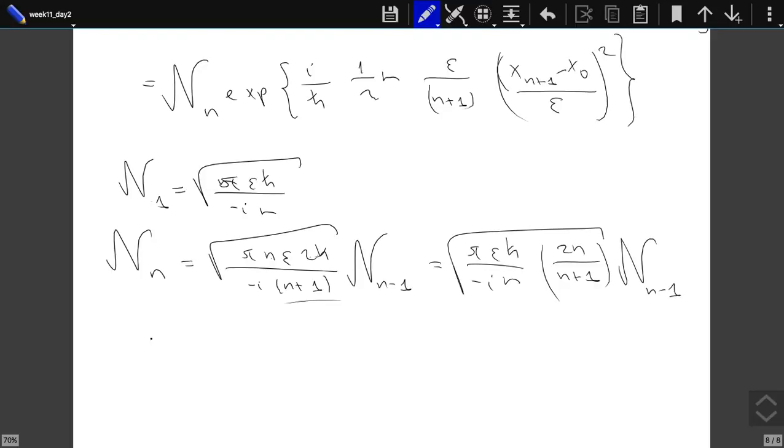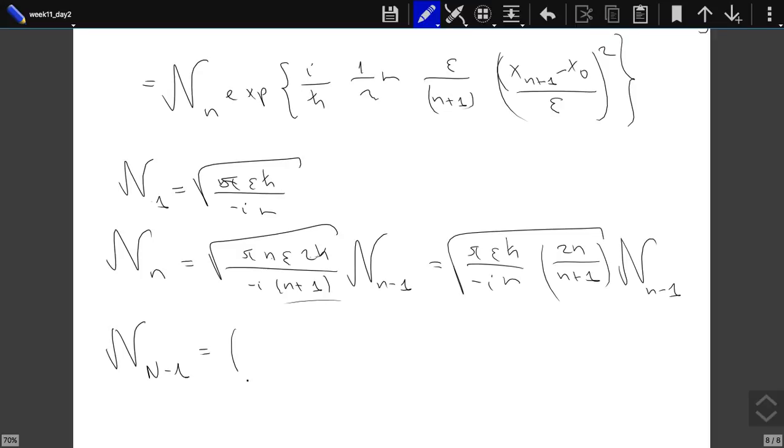And eventually what I need is, I have n minus 1 integrals in total. I can relate this to the normalization after the n minus second integral by this factor, to the n minus third integral by another similar factor.